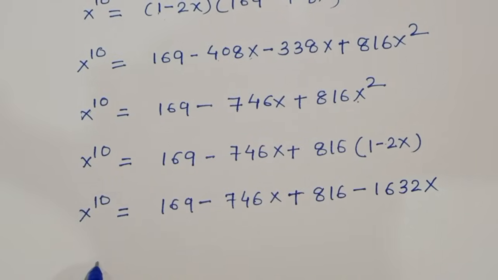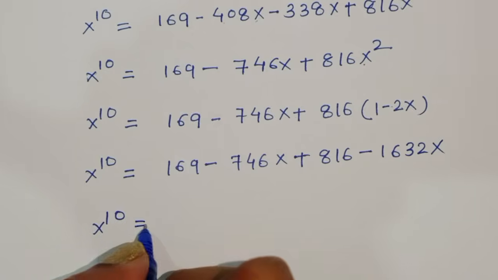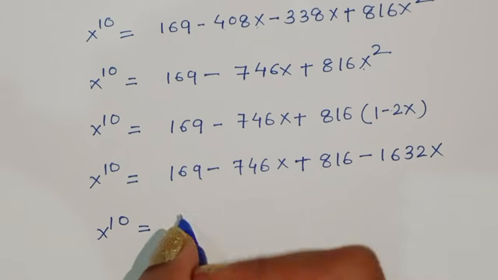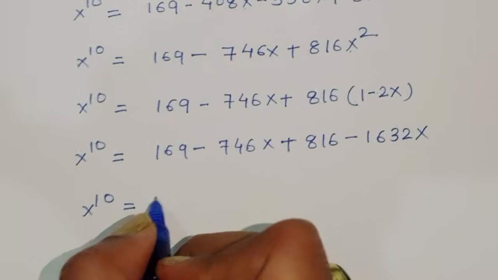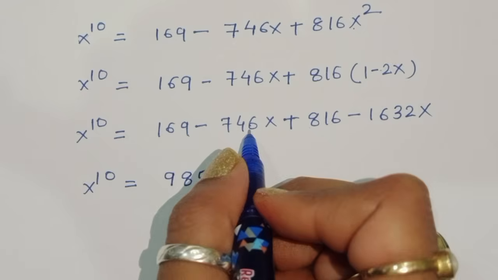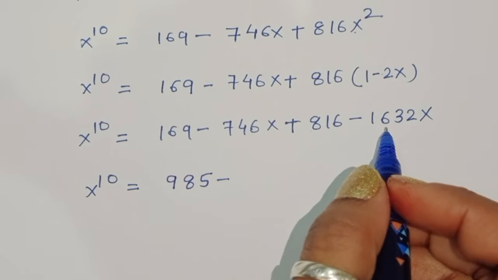So we can say the value of x power 10 is equal to 169 plus 816, which when adding we get 985, minus 746x and minus 1632x.